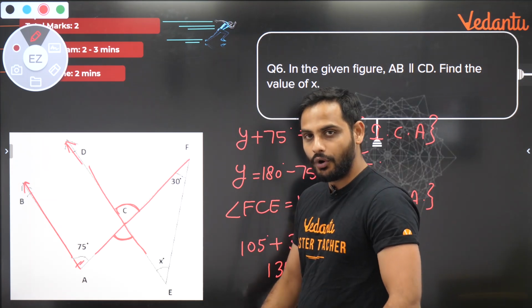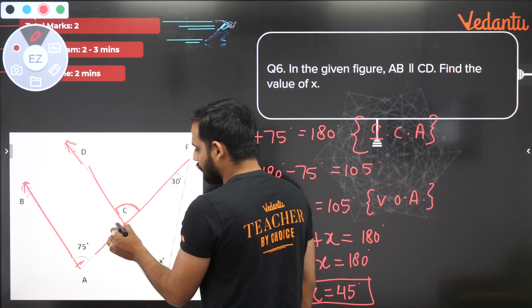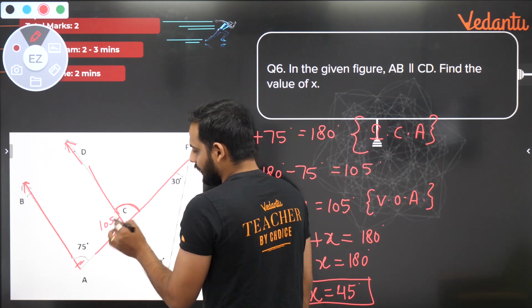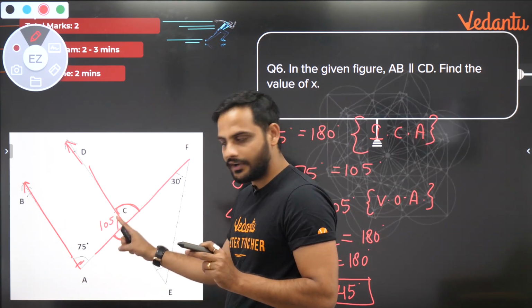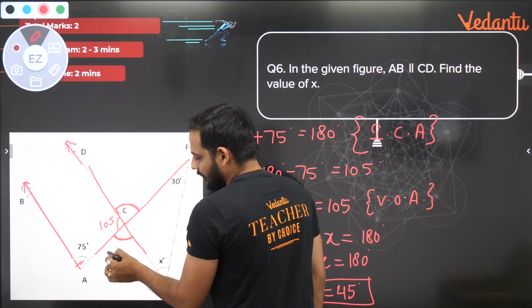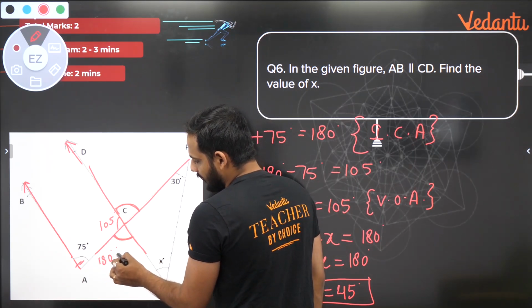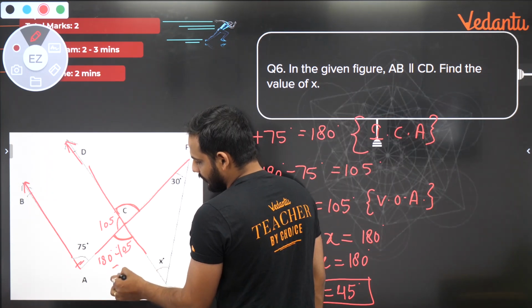Understood? So if you want to use the exterior angle theorem, now see, you know it is 105 degrees. Since it is a straight line, using the straight angle property, I can say it is 180 minus 105, which means it is 75 degrees.